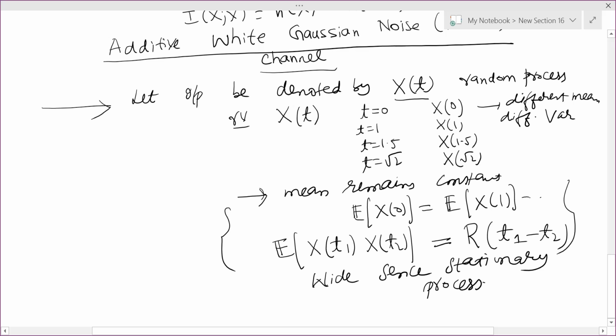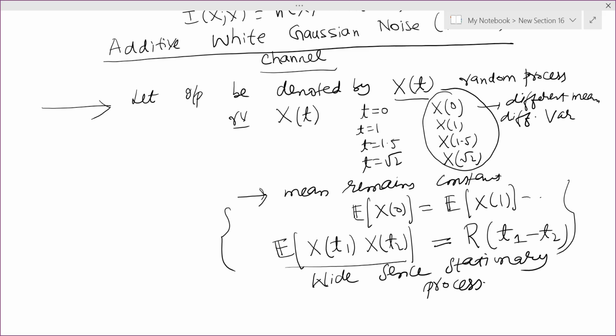See the word stationary, why we use the word stationary. In a general random process, at any point of time it can take any mean, any variance, any distribution. Rather than that, if you assume the mean is constant and the correlation between the random process at two different times, the expected value of x of t1 x of t2, does not depend upon the absolute time but upon the difference between the time instants, in some sense it appears to be stationary, right?